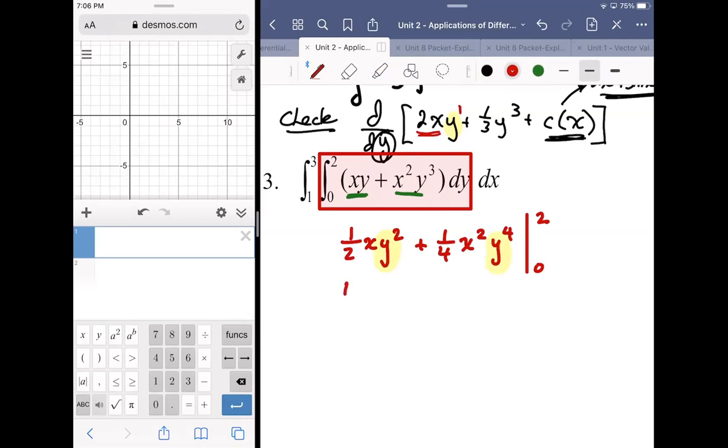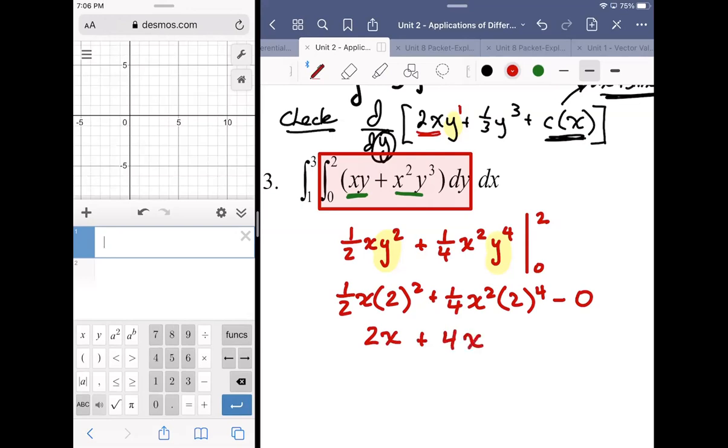So 1/2 x times 2 squared plus 1/4 x squared times 2 to the fourth, minus, if I plug in a 0 for the y's, that's just going to zero out, so I'm not worried about it. All right, 1/2 multiplied by 2 squared, 1/2 times 4 is 2, so 2x. 2 to the fourth is 16, multiplied by 1/4 is 4, so 4x squared.